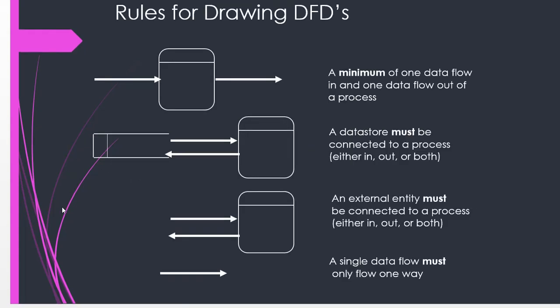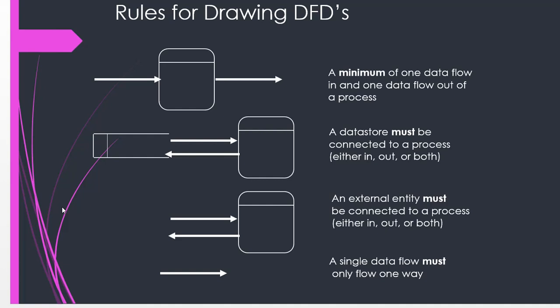The first one, as we said, when you're drawing a process should have at least one input and at least one output. Then a data store is only updated by a process. So a data store is only connected to a process. What's the problem of connecting a data store to an external entity? Remember, a data store is a database, and an external entity is something outside the database.